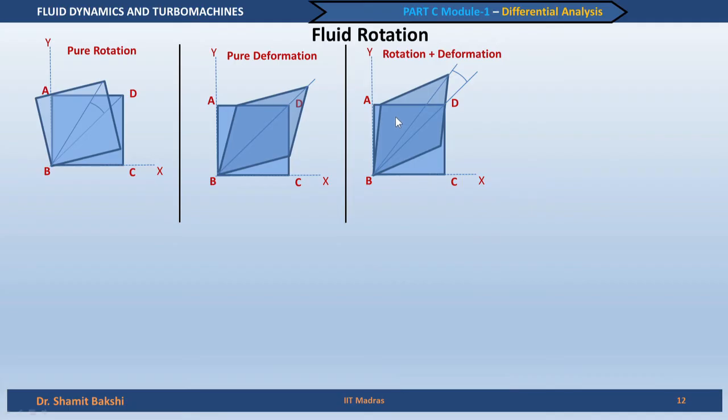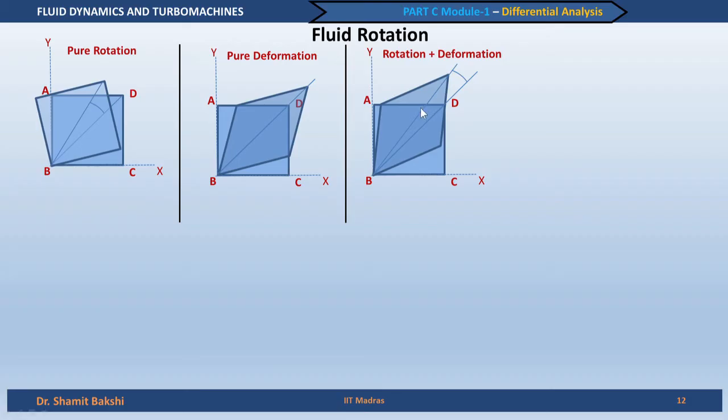For the figure shown here, the net rotation is anti-clockwise. That means this BD has gone to a final position after rotating in an anti-clockwise direction in the final position of the fluid element.